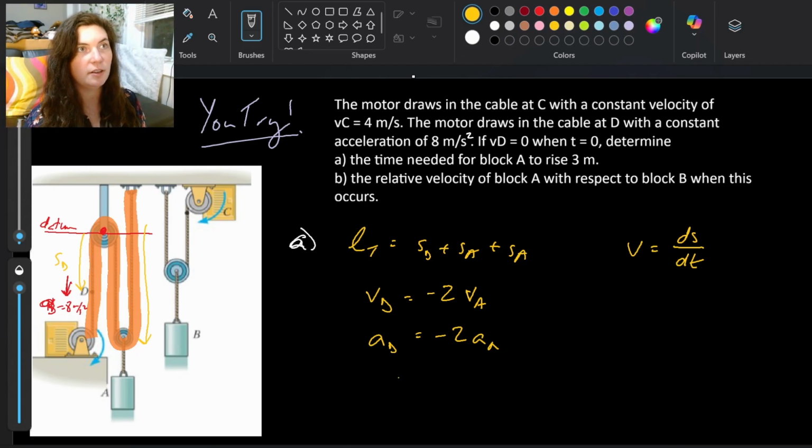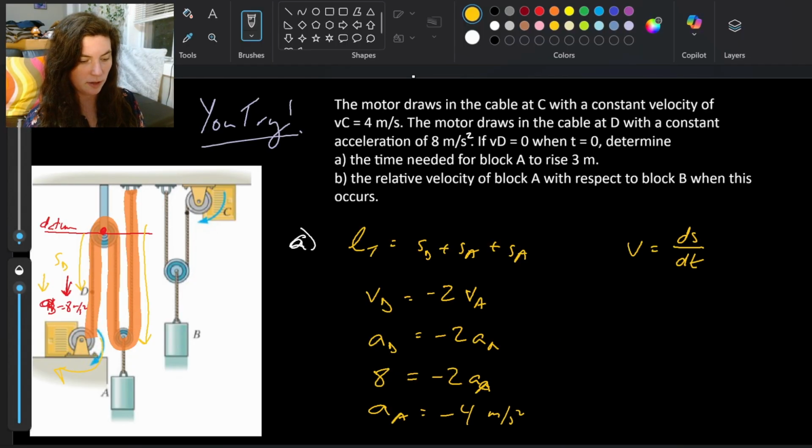So I know the acceleration of D is 8 meters per second squared, and that's in our positive direction, right? AD is going downward, it's going into our little motor down here. That's a positive 8 meters per second squared, which equals negative 2 times the acceleration of A. So if I math that out correctly, then I'm pretty sure that the acceleration of A is going to be negative 4 meters per second squared.